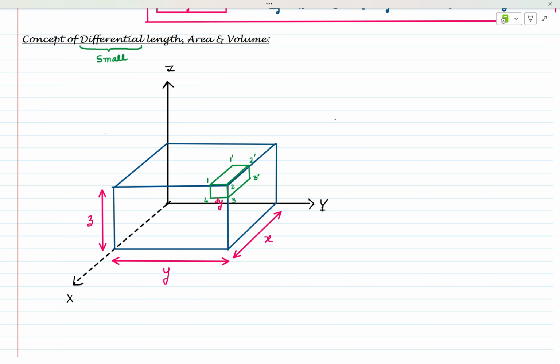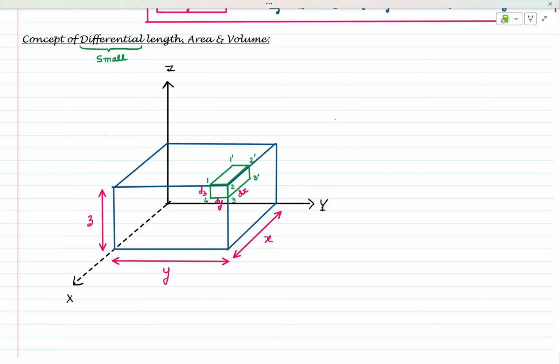As the large block has the large width of x, hence the small block has the small width of dx. Similarly, as the large block has the large height z, the small block has the small height of dz.